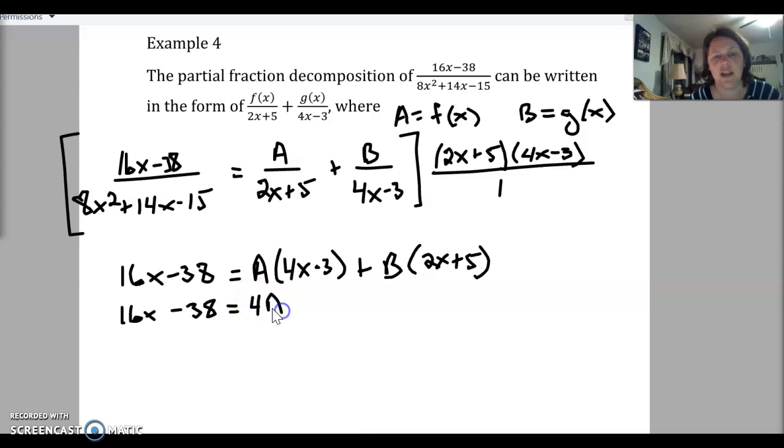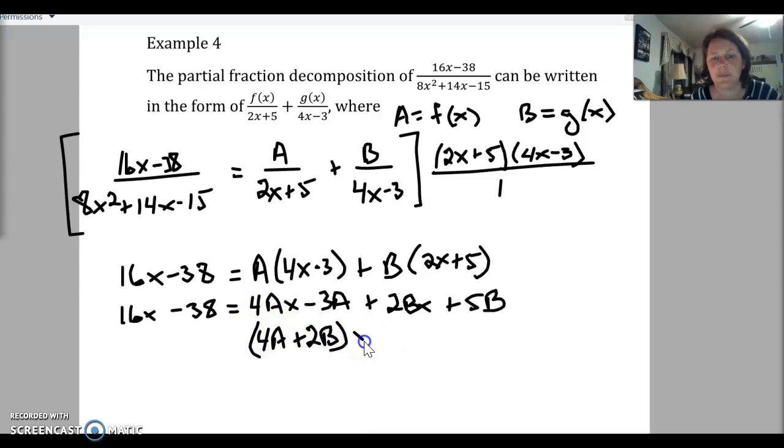We have 4ax minus 3a plus 2bx plus 5b. Okay, I'm going to put my x's together and I'm going to factor out that x at the same time. So I'd have 4a plus 2b times x plus 3a plus 5b for my constants.